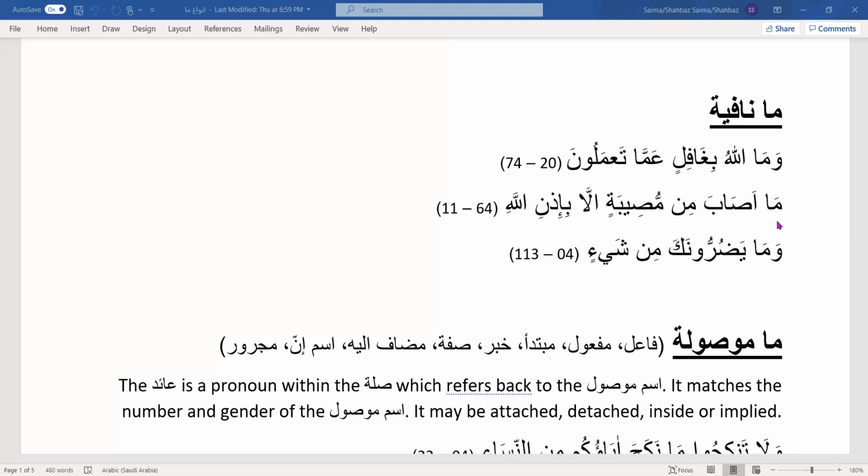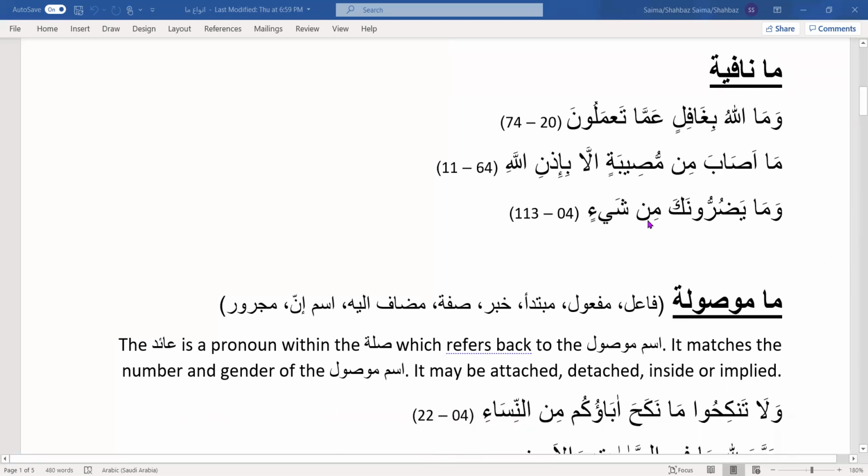So when ma comes with illa, it normally means not. Not any calamity, any musibah strikes, except with the permission of Allah. So ma illa combination, ma ba combination. When it happens, ma means not. And when this is just a regular ma nafiya, it doesn't have a combination.